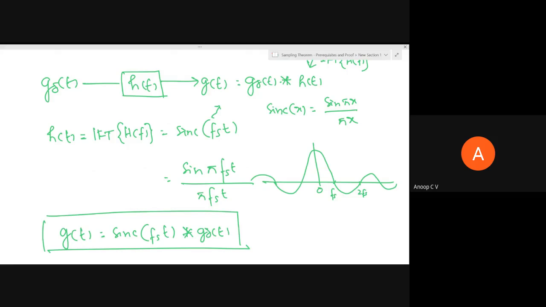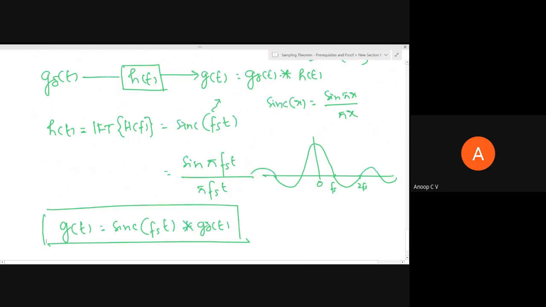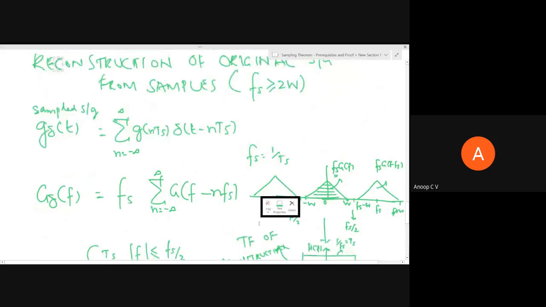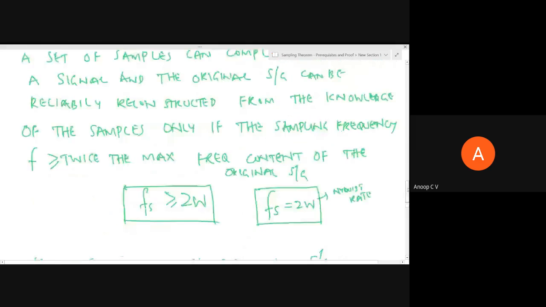If the sampling rate is at least twice the maximum frequency content, the samples can completely represent the original analog signal, and from the knowledge of the samples we can reliably reconstruct the analog signal. By taking the Fourier transform of our sampled signal, we have verified that result.